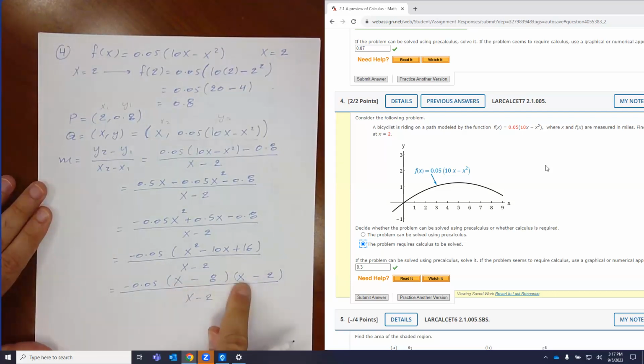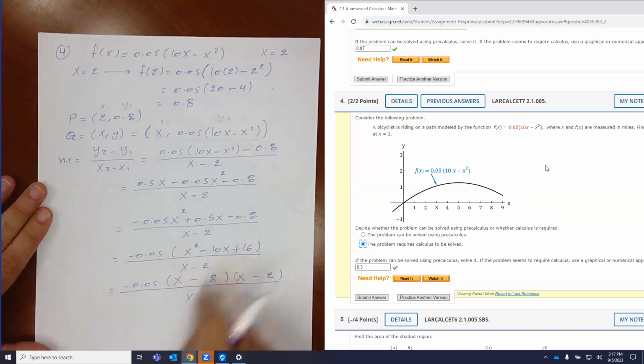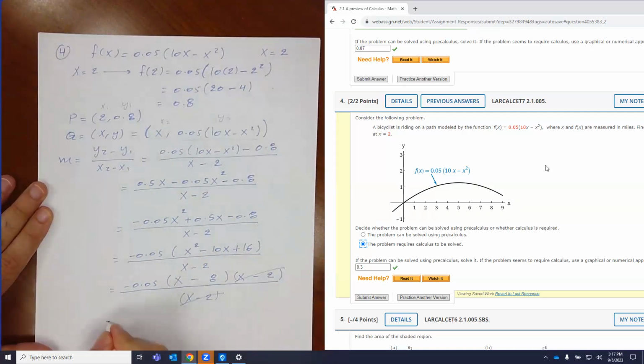So negative 8x and negative 2x added is negative 10x. If you want to just distribute, it's exactly the same quadratic. Now, we're going to cancel these two. So what's left, all these steps are to find the slope, is negative 0.05 times x minus 8.